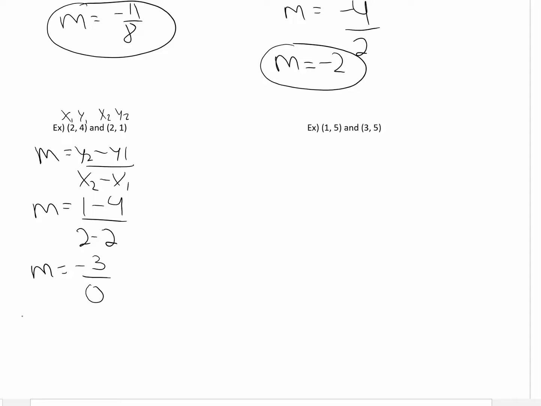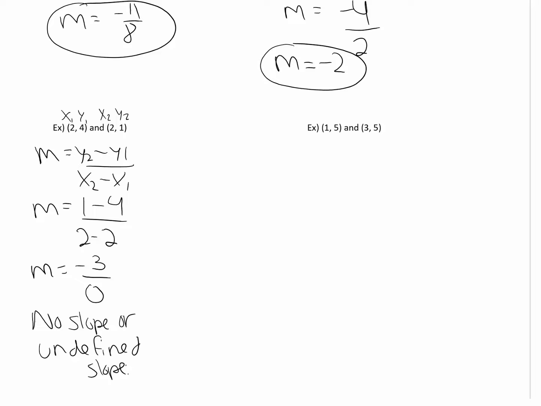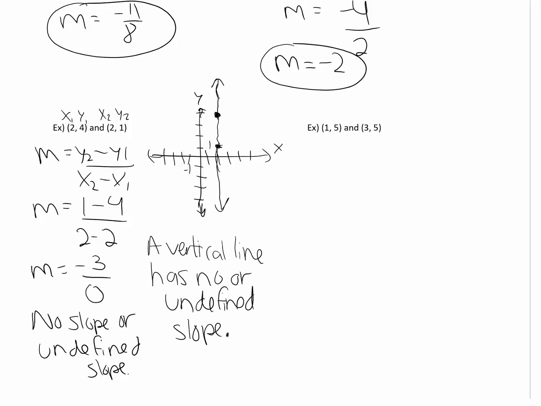So in this case, this is a no slope or an undefined slope. Now, what I would like to do for this example is to plot these two points to see what type of line has a no slope or an undefined slope. So when I plot the two points, notice I have a vertical line. So I'm going to write the following now. A vertical line has no or undefined slope.